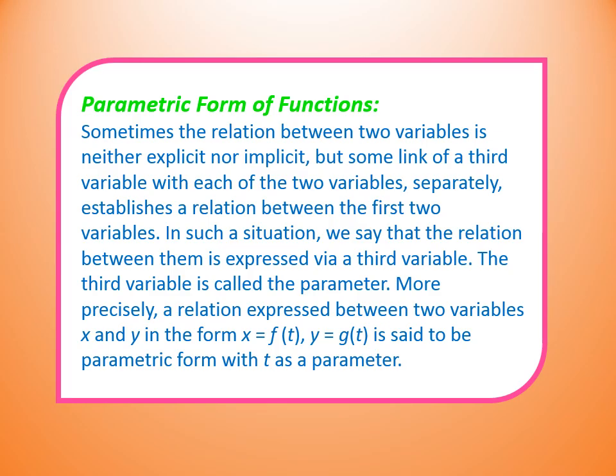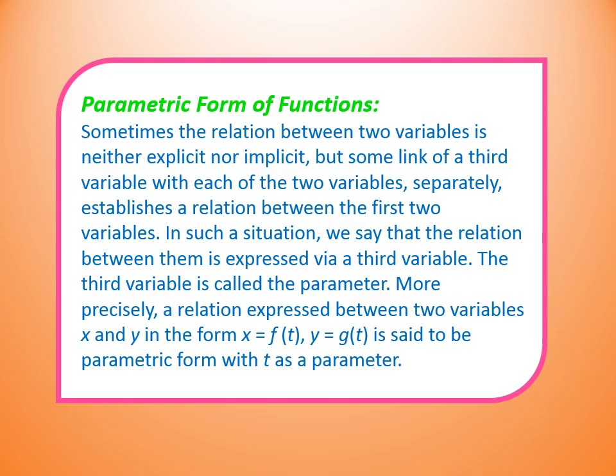So that third common variable, which is in x and in y, is called the parameter. Clear? And if the relation between the two variables is x equals f(t) and y equals g(t), then this particular form of the function, with x and y expressed in a common third variable t, is called the parametric form of functions with the parameter t.